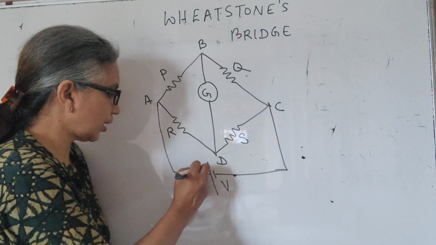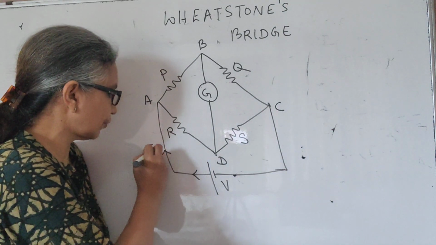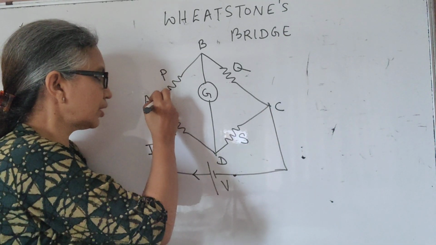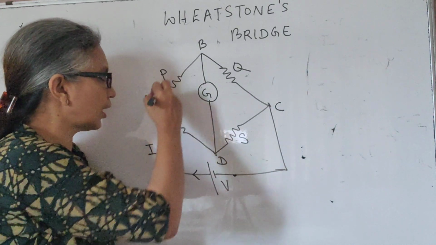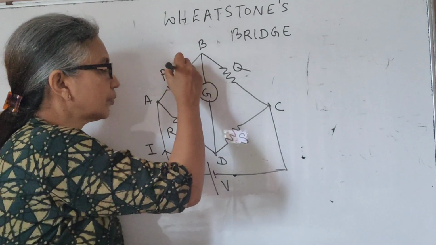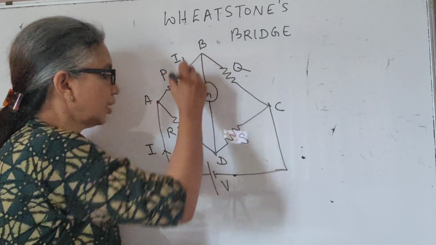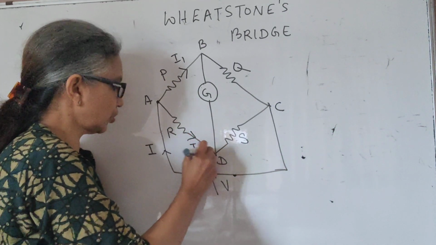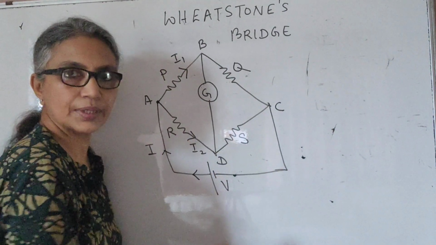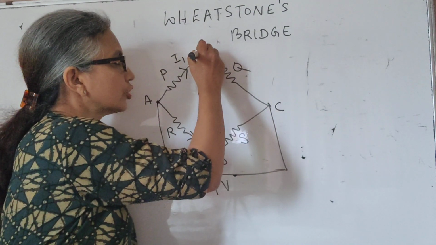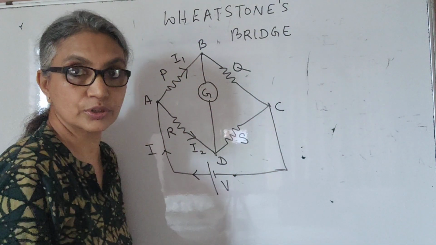Now let's take current I coming from the positive terminal of the battery. When it reaches this junction, this current I has to split into 2. So let me take this as I1 and this as I2, so that I equals I1 plus I2. When I reach this junction, this I1 again has to split.